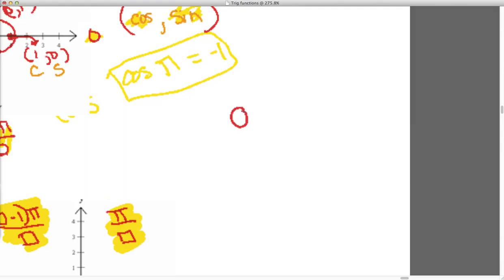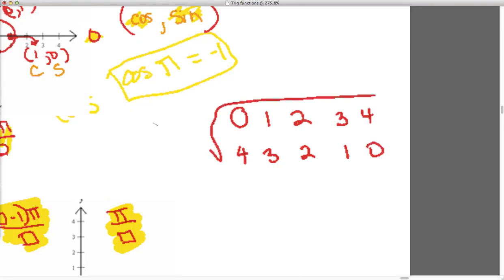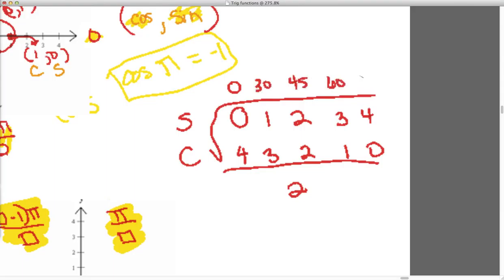If you can count to 4, starting from 0, and then work your way back down, and divide everybody by 2 and square root everything, you've just found 0, 30 degrees, 45 degrees, 60 degrees, and 90 degrees, the sine and the cosine.